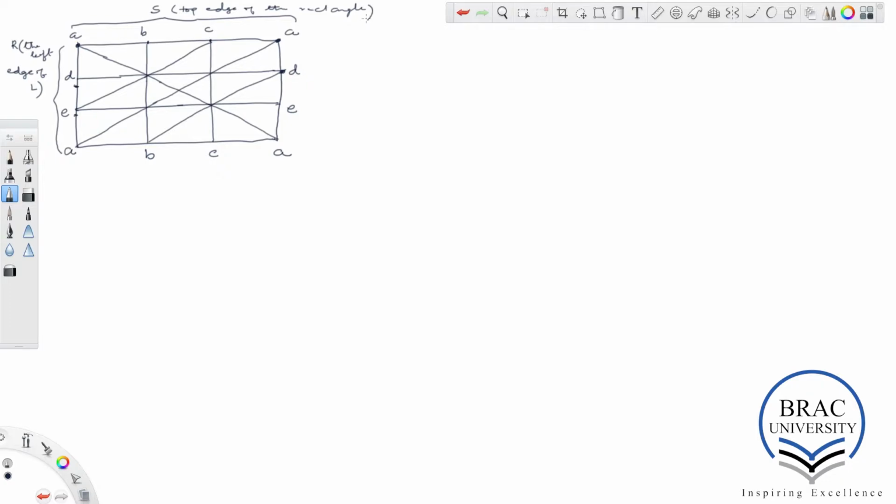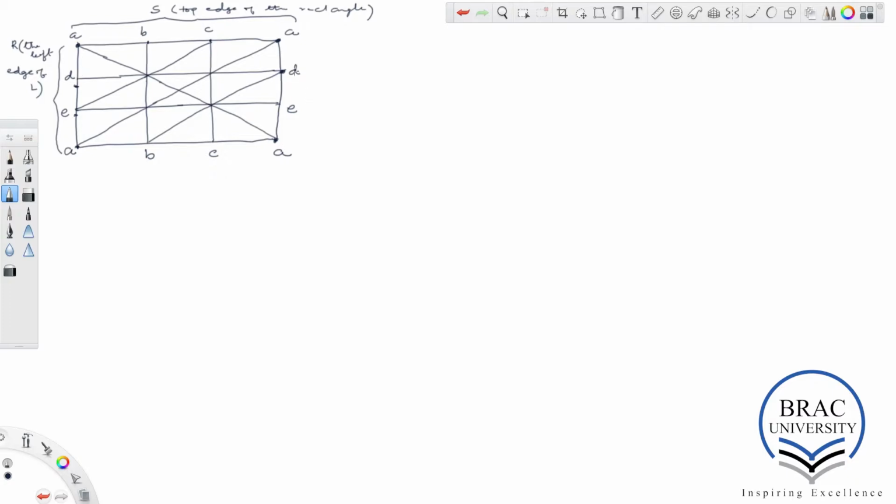Okay, so the labeling suggests how we are going to glue this complex. These two vertices are labeled by the same letter A, which means that this vertex is going to be identified with this vertex, and this is also labeled by A. This vertex is also labeled by A. So there are three vertices labeled by the same letter A, meaning that they are all going to be identified.